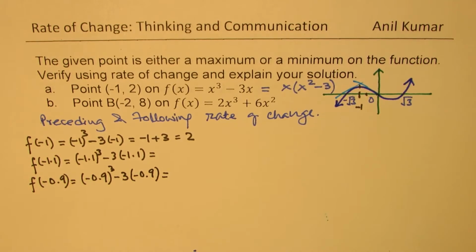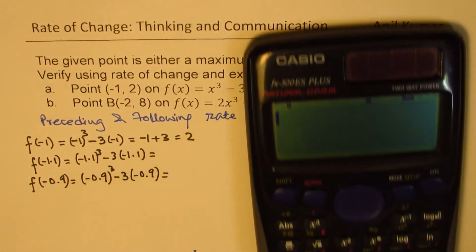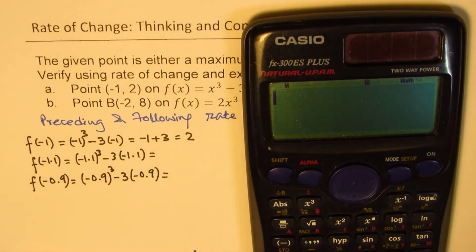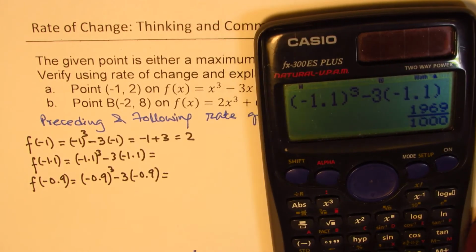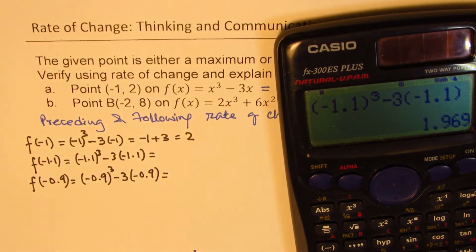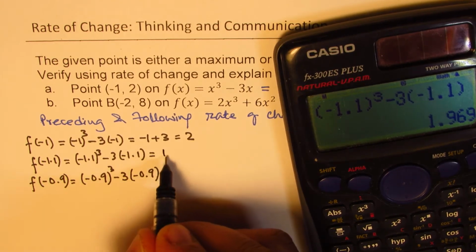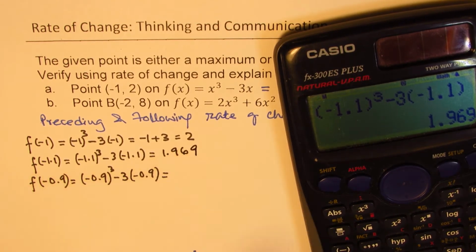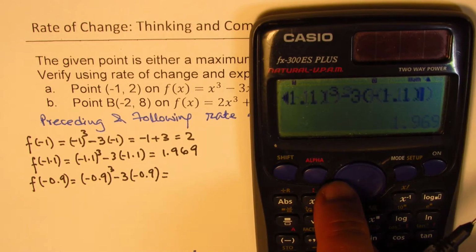So let's use the calculator to find these values. Within brackets we have minus 1.1 whole cube minus 3 times within brackets minus 1.1. This value is in decimals. Let's write down 1.969. Positive, right? Now I'm going to change this value to minus 0.9.